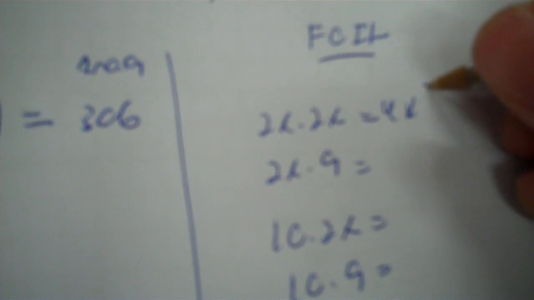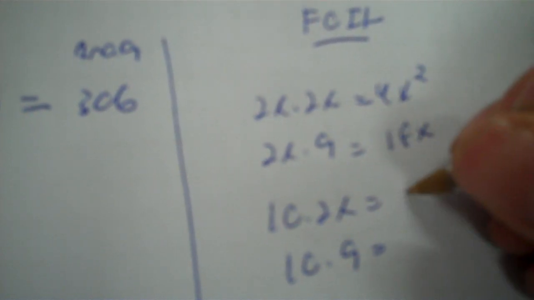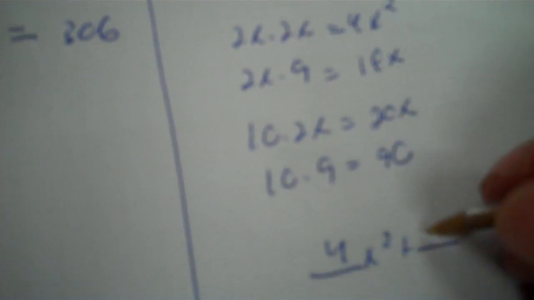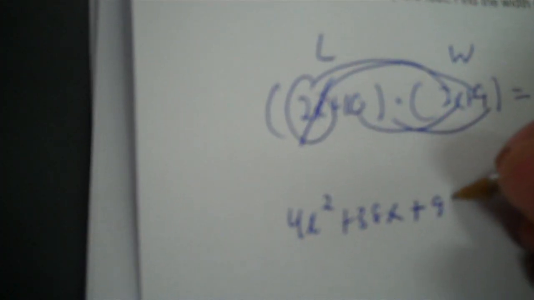So that's 4x second, 18x, 20x, and 90. So now simplify your product. So we have 4, that's going to be 38, and that's going to be 90. Okay. So 4x to the second plus 38x plus 90 equals 306.